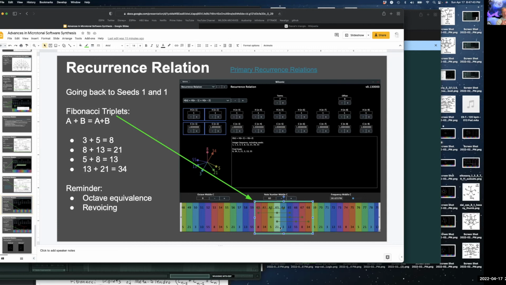So it doesn't matter how I voice the chord if I have those numbers. That's the nice thing. Otherwise you get lost. And then 8 + 13 equals 21. That's the 21 here. And 5 + 8 = 13. So I'm just checking my math. I'm just showing you that these things I'm identifying on the keyboard really are Fibonacci triplets.